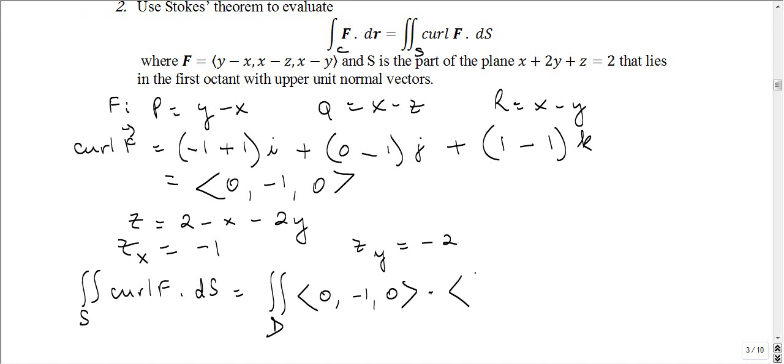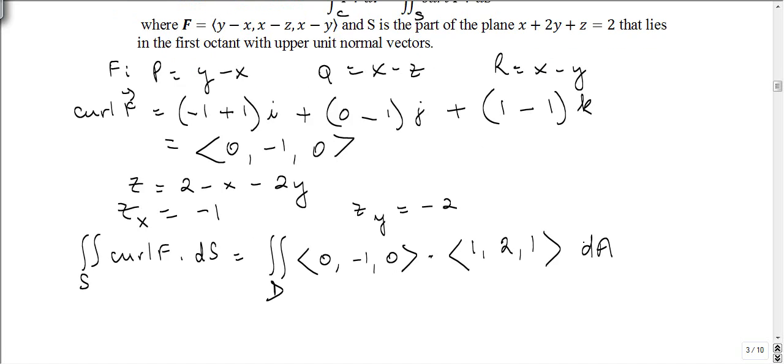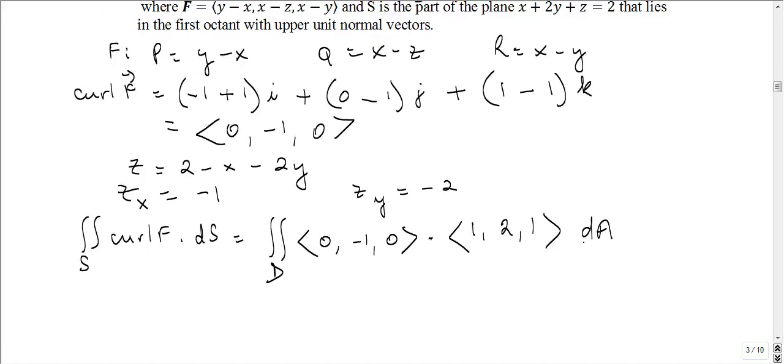What do you dot it with? Remember what I told you? Not 0. 1, 2, 1. Right? Because you have to negate these first partials. Right? And then 1 is always the last vector. dA. What did that end up being? Minus 2?